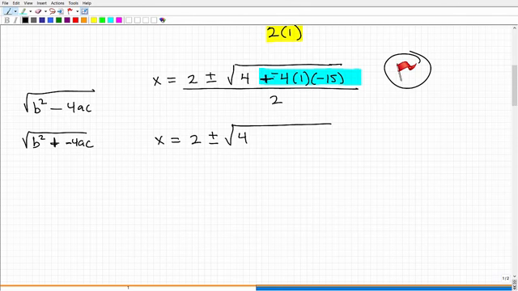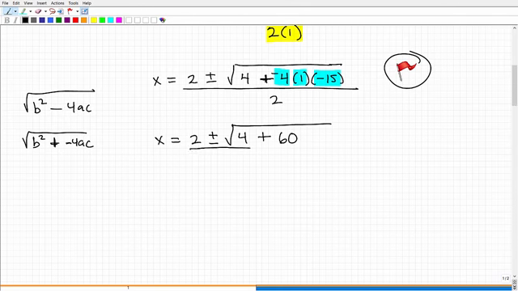So now we have plus negative 4 times 1 times negative 15, and just really kind of focus on what's going on here. So now I have 4 plus, let me kind of back up here, and we have to figure out what negative 4 times 1 times negative 15 is. So this is going to be a negative times a positive, which is negative. So a negative times a negative, this whole thing is going to be positive here, and it's going to be a positive 60. Okay?